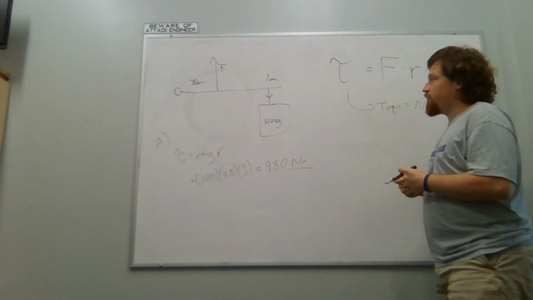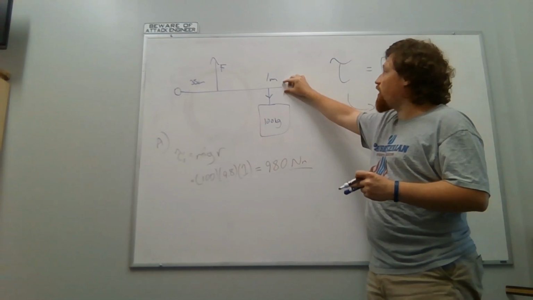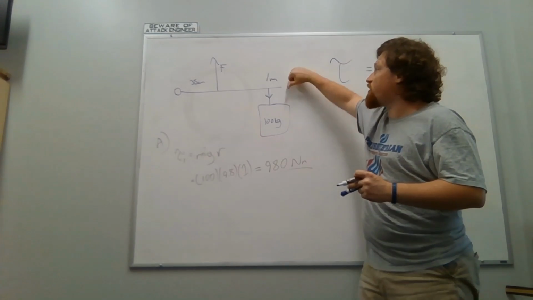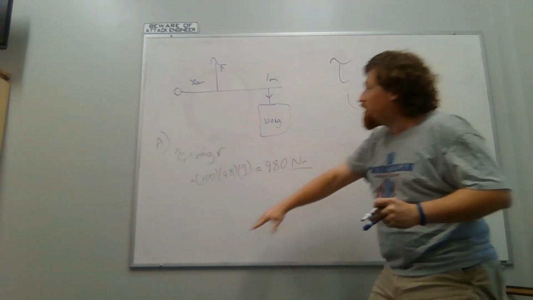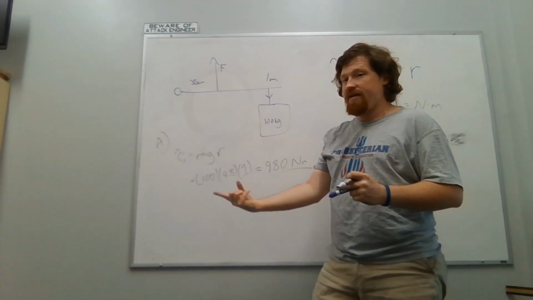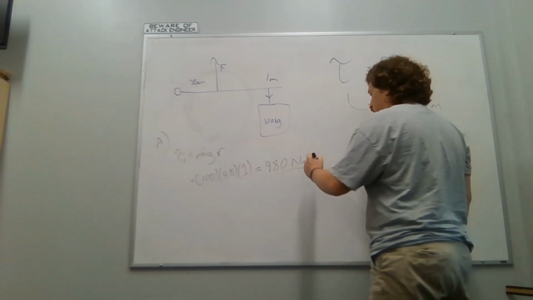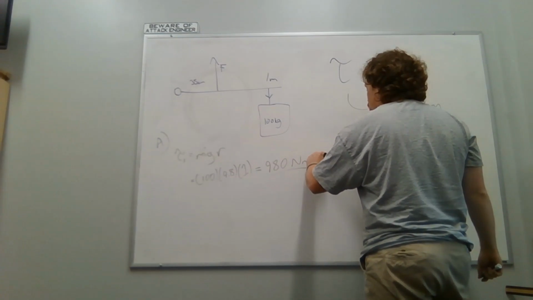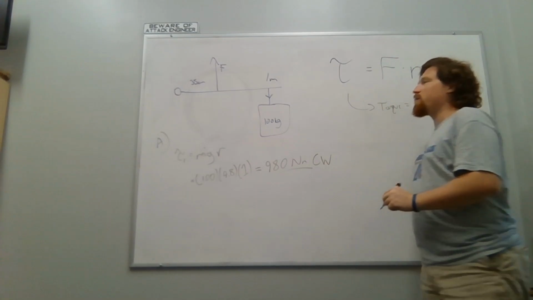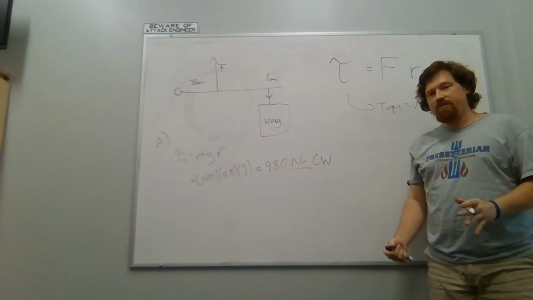Now, that torque is going to try to make this rod rotate. It's specifically going to want to make it rotate this way, clockwise. And torque is technically a vector, so we need to make note of the fact that it wants to make the rod spin clockwise.